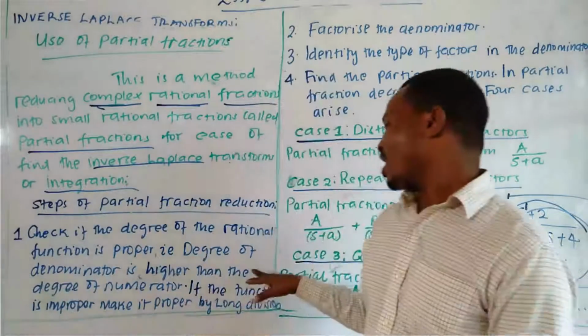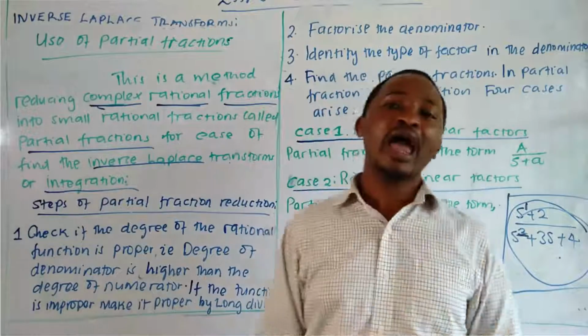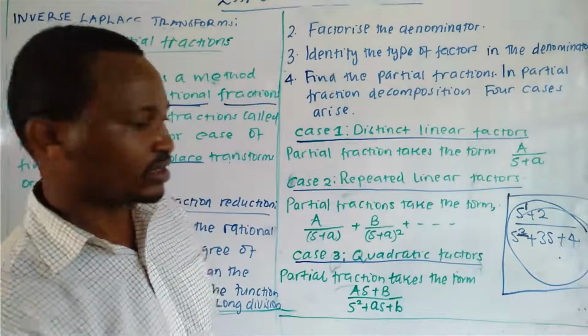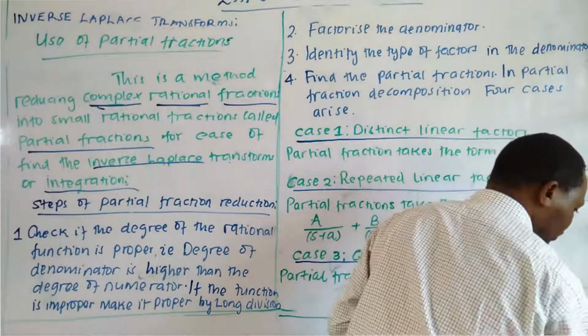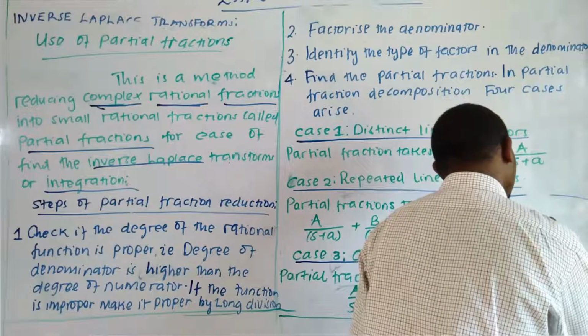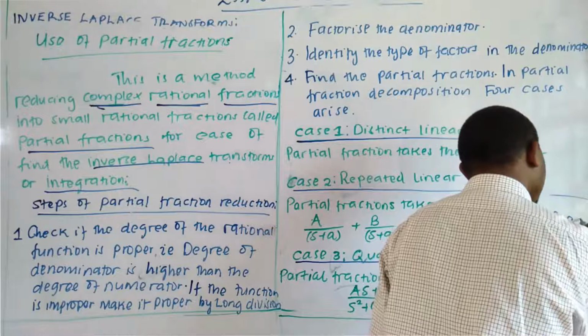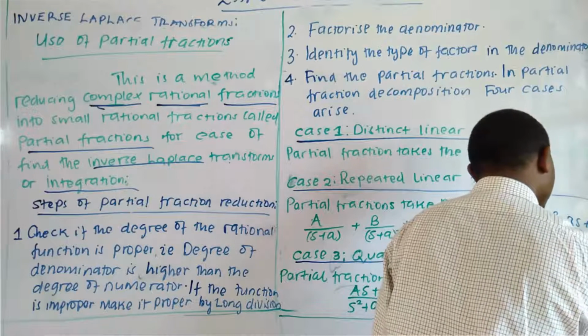If the rational function is improper, then you have to make it proper by the long division method. Suppose we had something like s cubed plus 4s squared minus 3s plus 4 over s squared plus 2s minus 6.